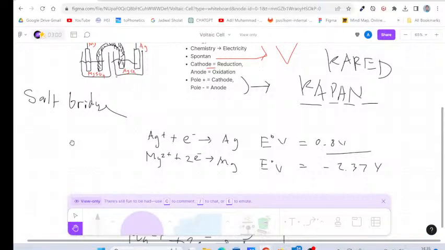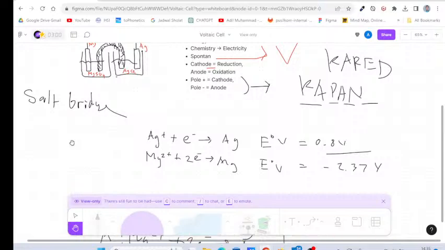We see the cathode is silver, Ag, and the anode is magnesium. Before we make it a complete reaction, we need to equalize the coefficients between cathode and anode.